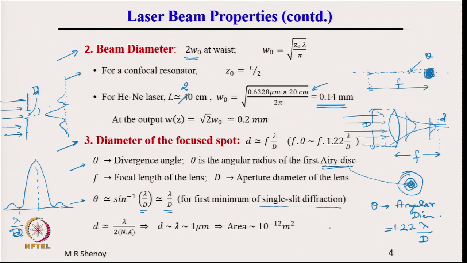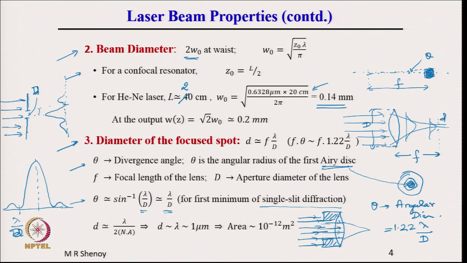We go on repeating that it is the diameter of the aperture, because usually the lens has an aperture, a block or a stop at the back. So, when the light beam is incident here, only light up to the aperture is incident on the lens and then gets focused.